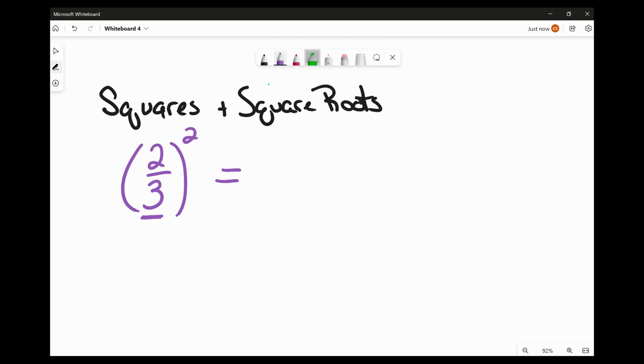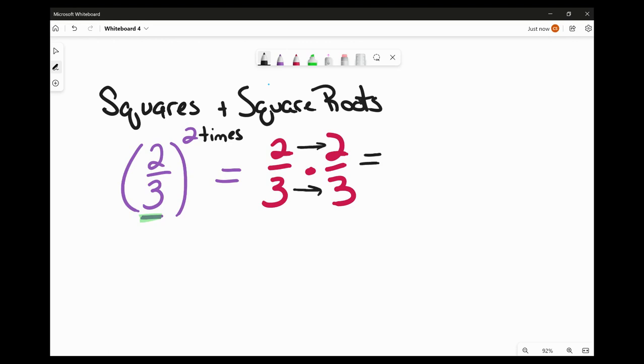So the base here is 2/3. So we're multiplying 2/3 times 2/3, right? Notice the exponent is 2, so that tells us how many times we multiply it. Then we just multiply like we would multiply normal fractions, across the top and across the bottom. So 2/3 in parentheses squared is 4/9.